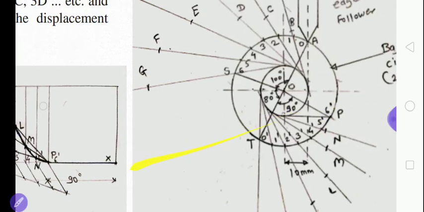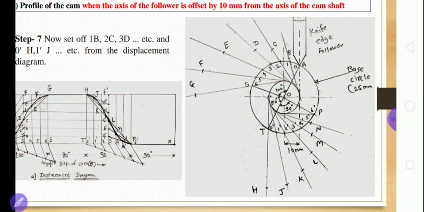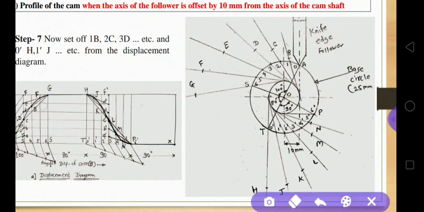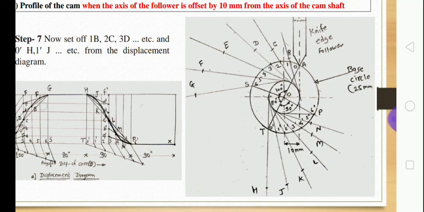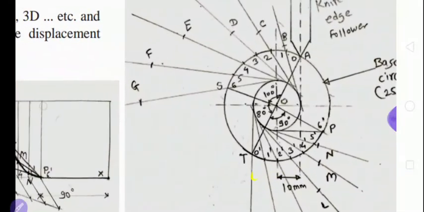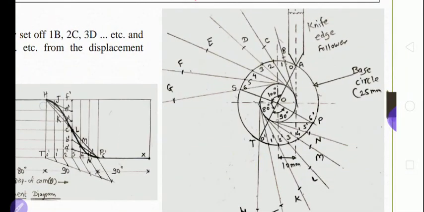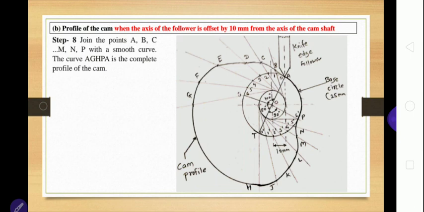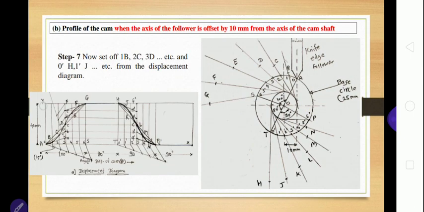Take this distance in the compass, mark from this 2 the C distance from the compass, and mark this point as C. Similarly, all the points capital A, B, C, D, E, F, G, and in the return stroke H, J, K, L, M, N, P, these distances you have to take in the compass and mark from these points 1, 2, 3, 4, 5, 6 on the extended lines and give the names as capital B, C, D, E, F, G. So these points you have got.